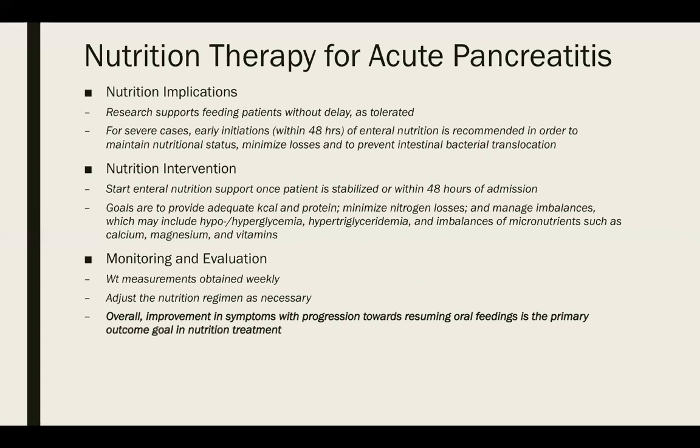Goals are to provide adequate kcal and protein, minimize nitrogen losses, and manage imbalances, which may include hypo or hyperglycemia, hypertriglyceridemia, and imbalances of micronutrients such as calcium, magnesium, and vitamins. And then under the monitoring and evaluation, weight measurements obtained weekly, adjust the nutrition regimen as necessary, but overall, improvement in symptoms with progression towards resuming oral feedings is the primary outcome goal in nutrition treatment for acute pancreatitis.